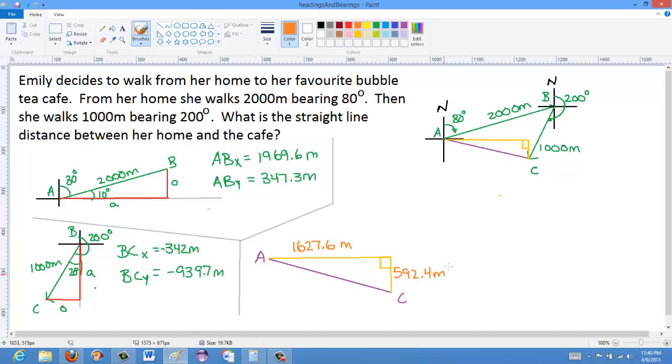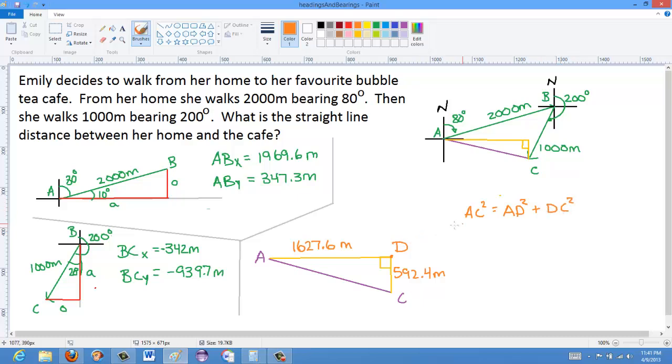And what I can do is say that the length A to C squared is equal to, we'll call this theta. Well, people probably don't like theta, I'll call this D. It's the same as AD squared plus DC squared.